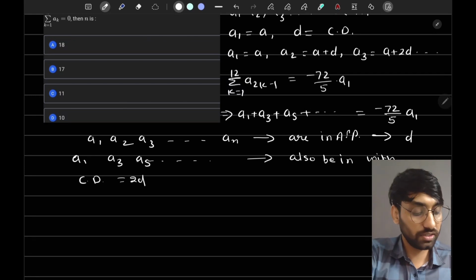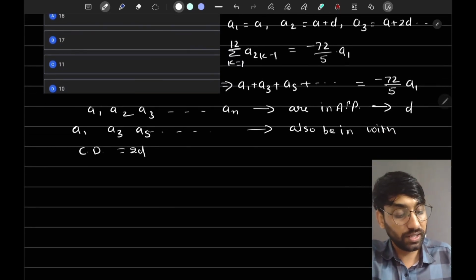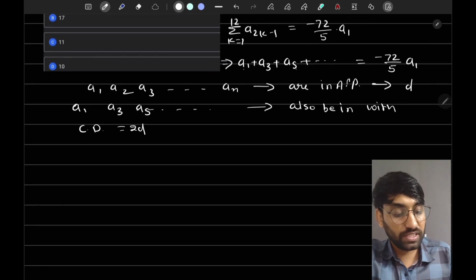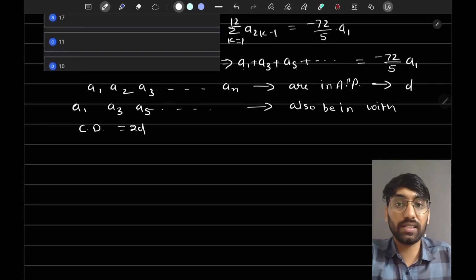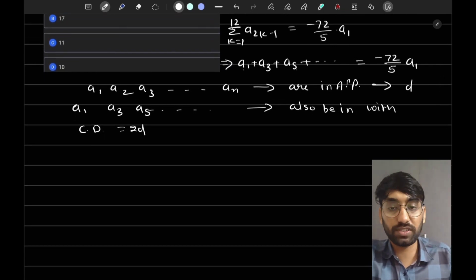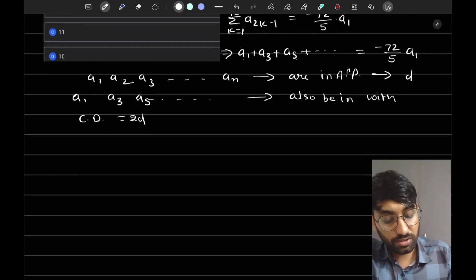Correct? So it means if you are talking about a1 plus a3 plus a5, this will also be in arithmetic progression. So I can easily find the sum of 12 terms of this progression, right?